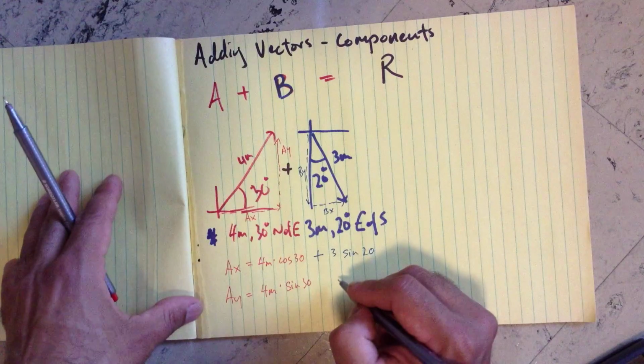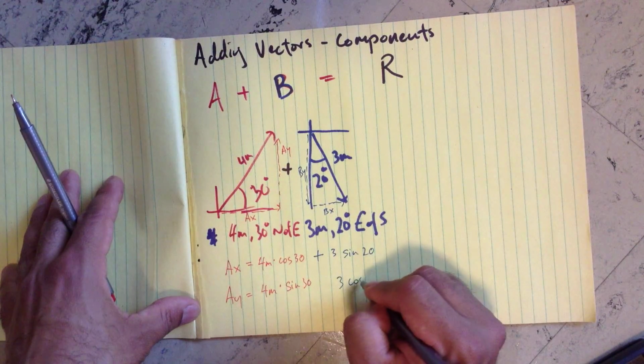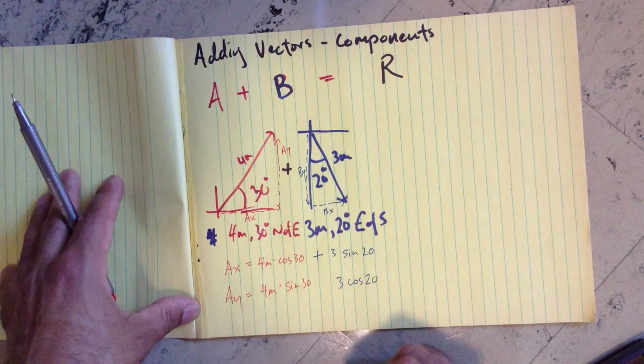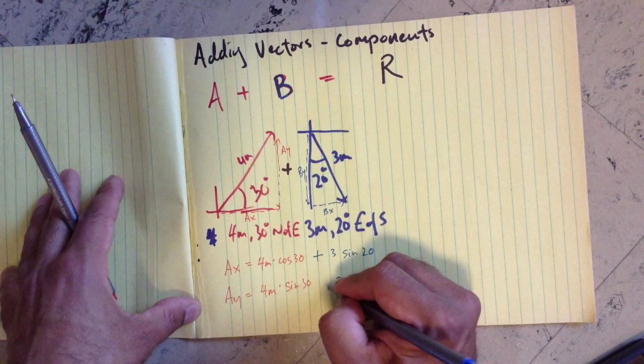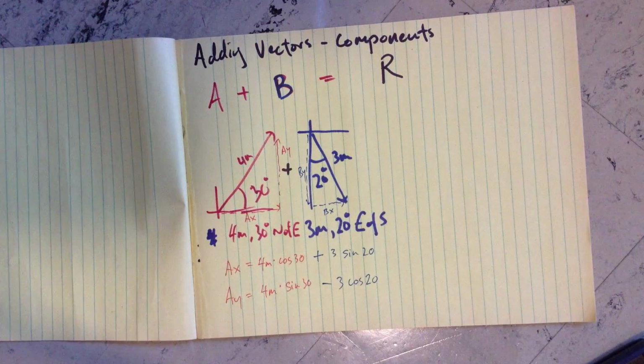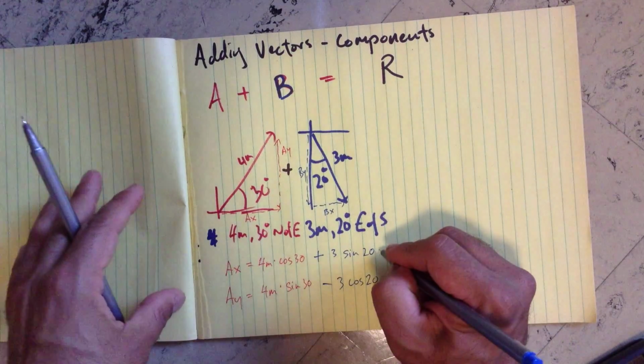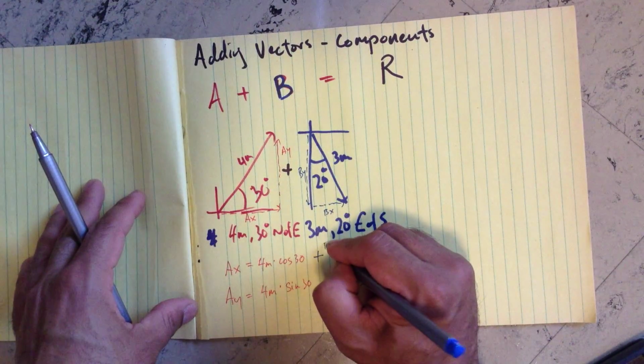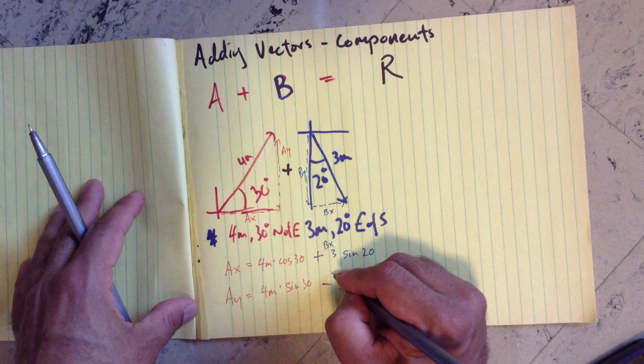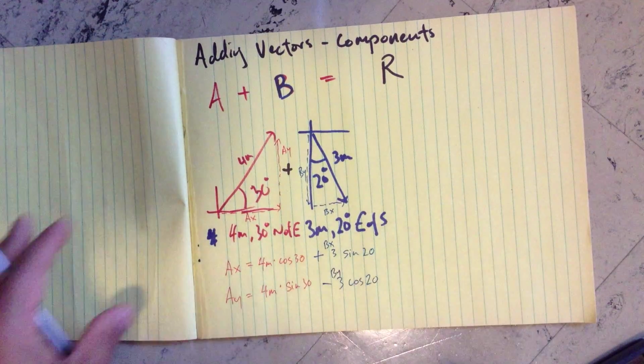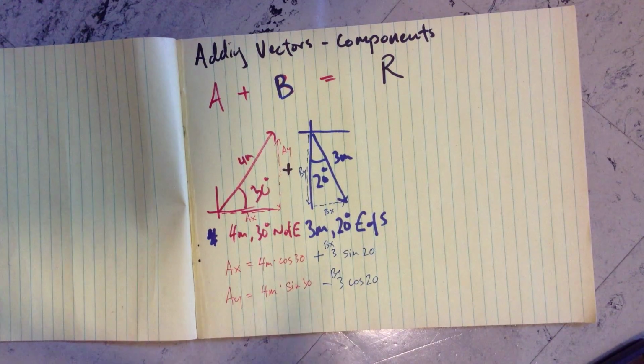It's the adjacent, right? So it's going to be 3 cos 20. And because it's down, though, we're going to make it negative. So this is bx, and this is by.